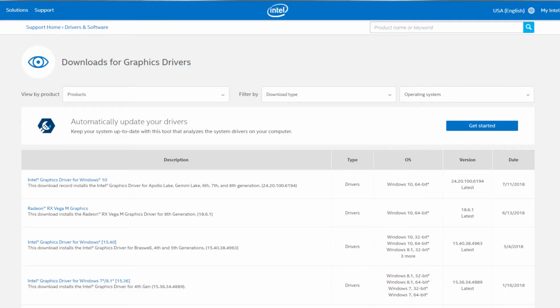And I said, what about the integrated graphics card? Usually you don't have to update that thing, but for some reason that was the problem. I went to the Intel site and got the latest drivers for the integrated graphics. Once I updated that, boom, everything worked.